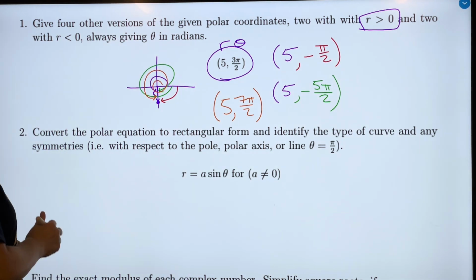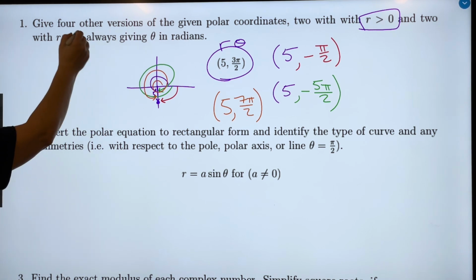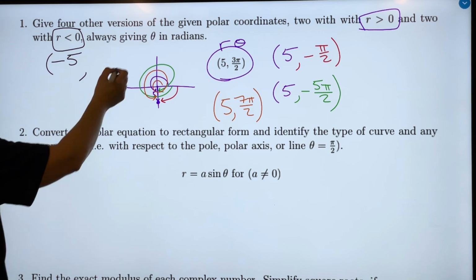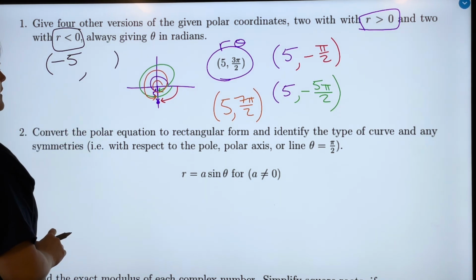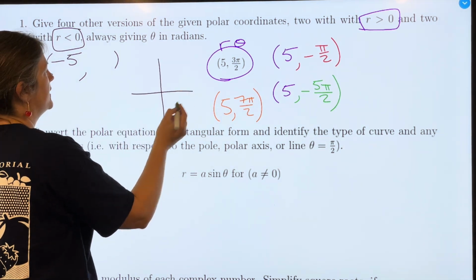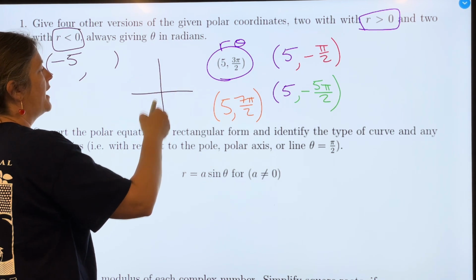Okay, but it also wants r to be less than 0. So negative 5 radius. What do we do about that? How do we find an angle if we're talking about a negative 5 radius? So I'm going to draw my point again. I want to be here, but I have to have backed up to get there.